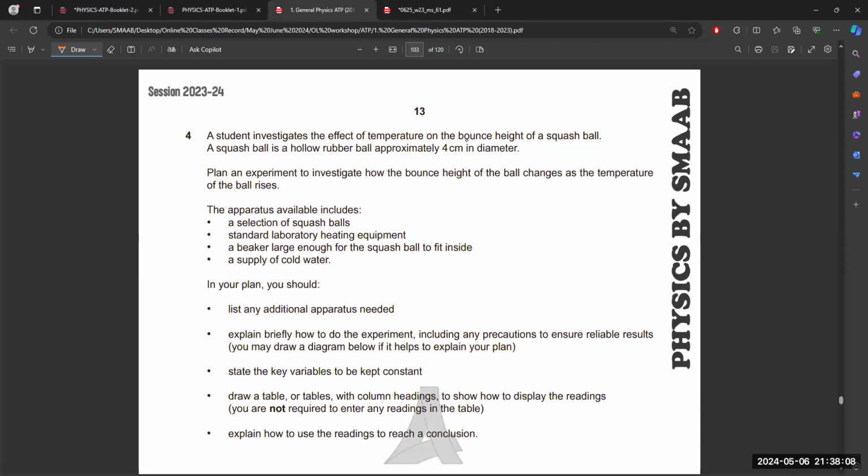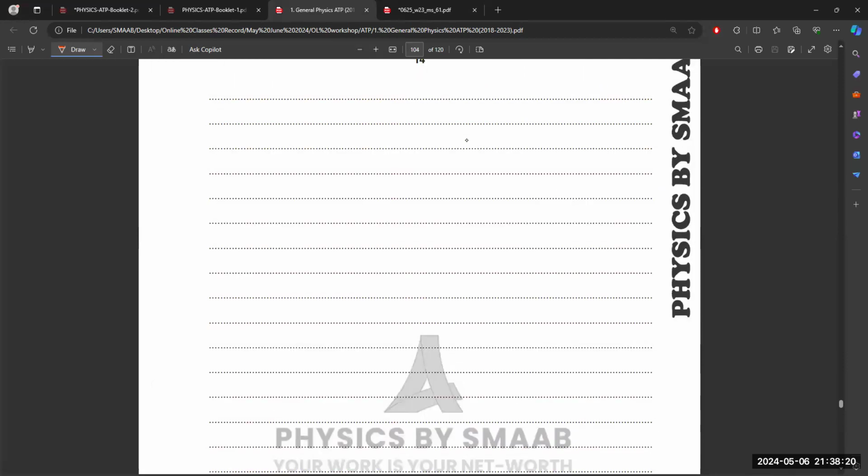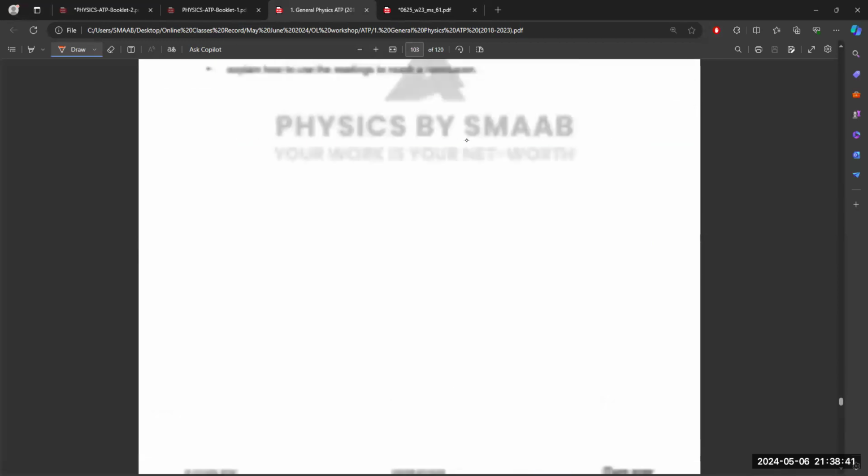All apparatus, all the points, all measuring quantities are given, and you have to write complete information on how to start the experiment, how to record the readings using the apparatus, and how to conclude the final values. And from ATP, now you have an idea that we have to take sets of readings and draw a graph to find the gradient or the final result. So these are some important points. We will also discuss this planning question separately.